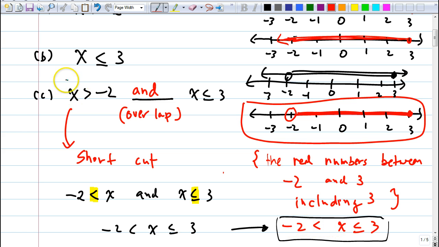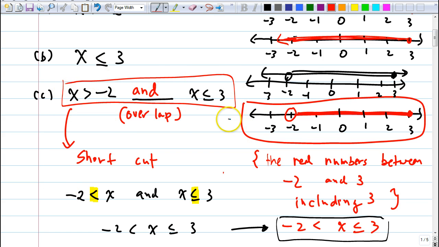So another way of writing this inequality is this. Same way. You could write it this way. It's a shortcut. So sometimes they give it to you this way, x greater than -2 and x less than or equal to 3, or sometimes they give it to you this way.